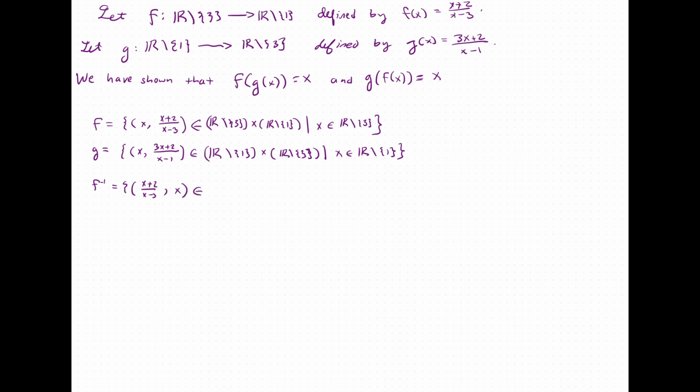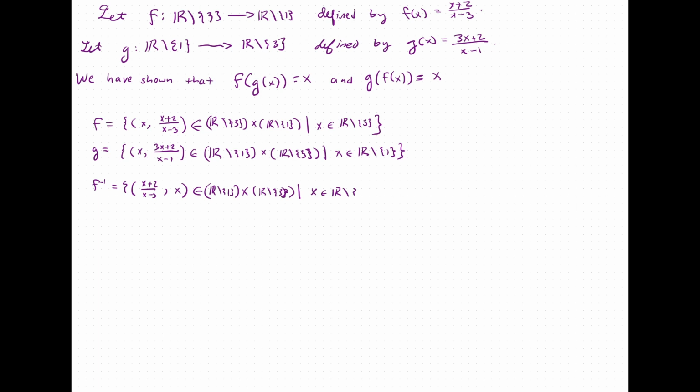But when we look at f inverse, we're flipping the elements in the ordered pair, so the Cartesian product is also going to flip. So now we have real numbers minus 1, Cartesian product, real numbers minus 3, such that x is in the real numbers minus 1.